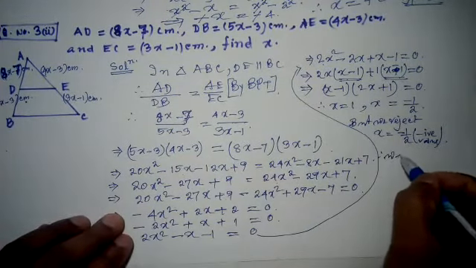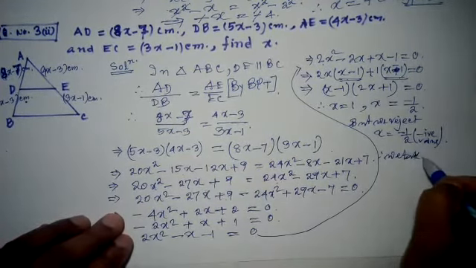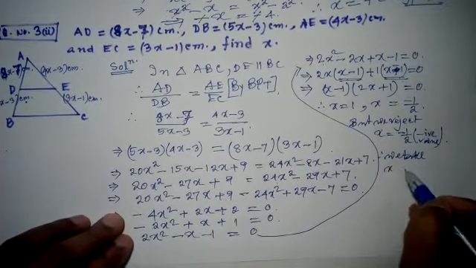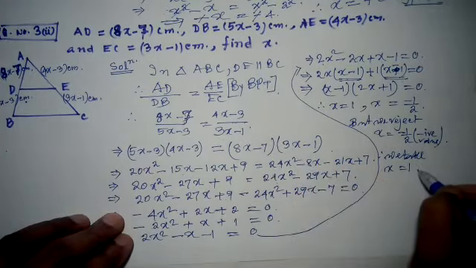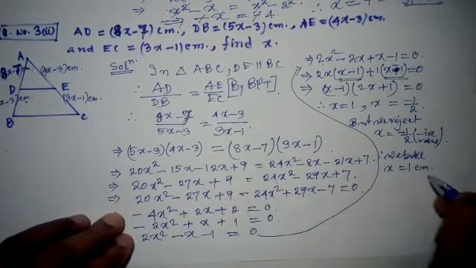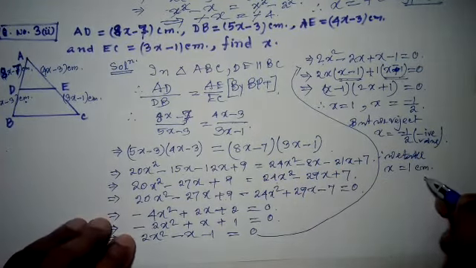Therefore we take x is equal to 1, and the question is given in centimeter, so we can write it in centimeter. That will be the answer of the sum.